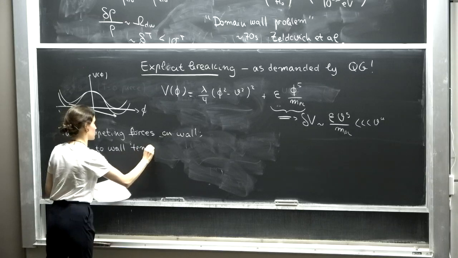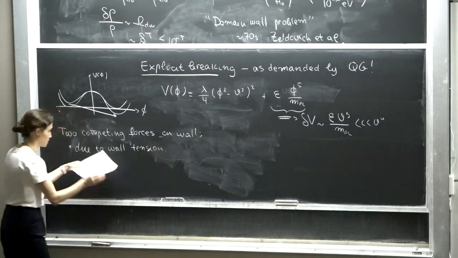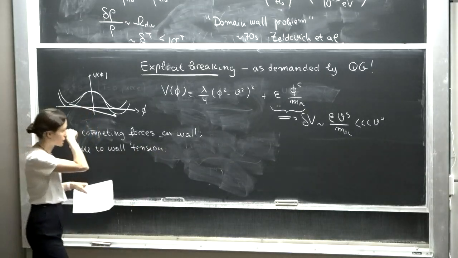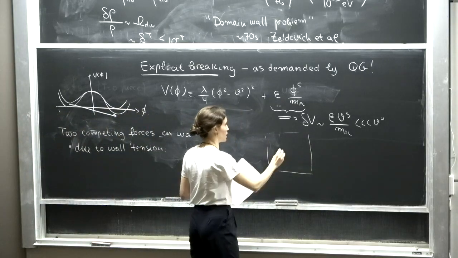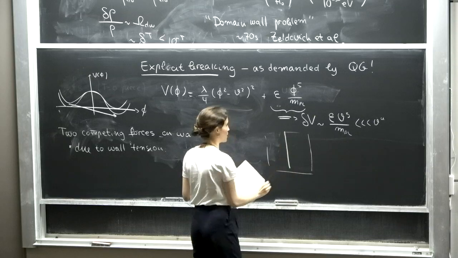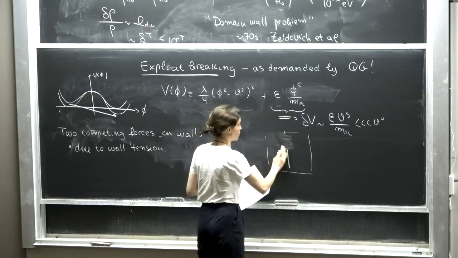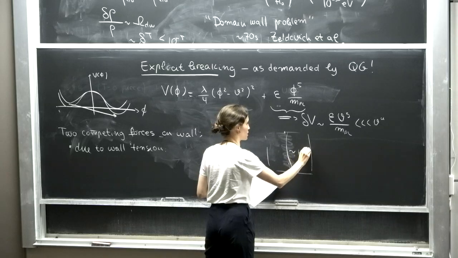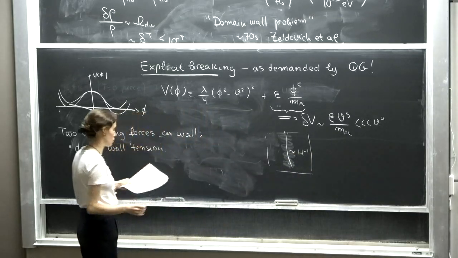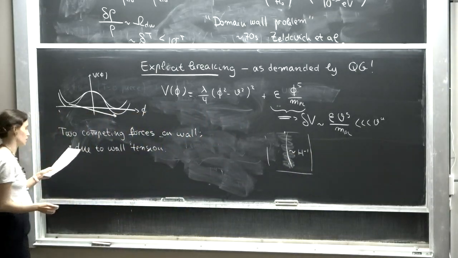So there's one force that comes out of the fact that any domain wall, say in a Hubble patch, is not going to be a completely straight domain wall. There will be some kind of curvature radius that, in the absence of any other structure, will be of order the Hubble radius.